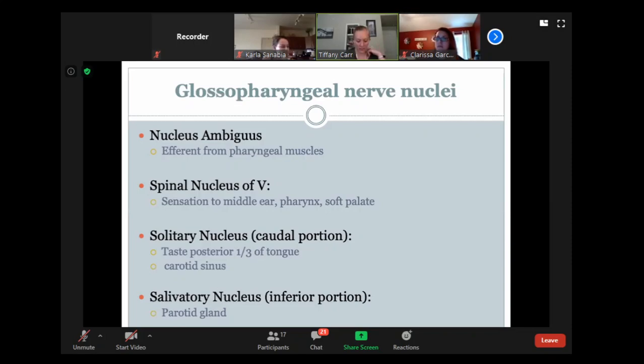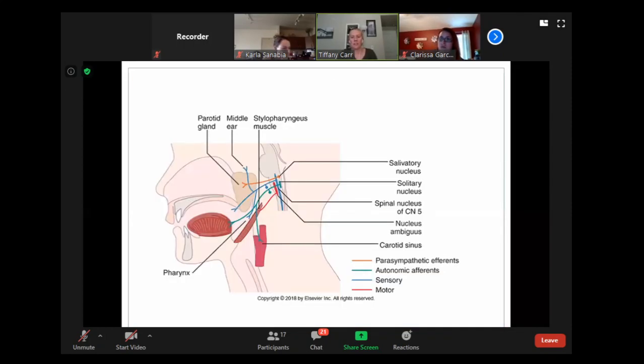The carotid sinus is also involved with this one, and the inferior portion is going to innervate the parotid gland. So these are all located in the medulla. Just kind of make sure. The parotid is the largest salivary gland, and this part is in the pons. Just kind of make sure you're familiar with that.